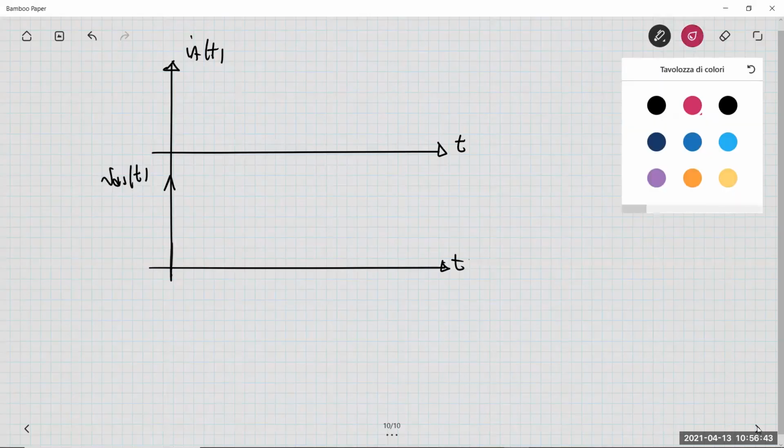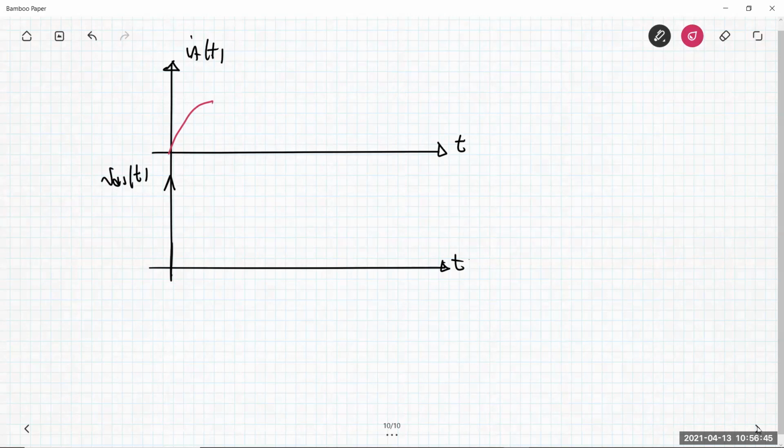So let me just sketch the behavior of what happens here. This is the current, which is V over RA during the energization of the phase. Then you have the de-energization of the phase, you have the turn-off. What happens about the voltage VDS?